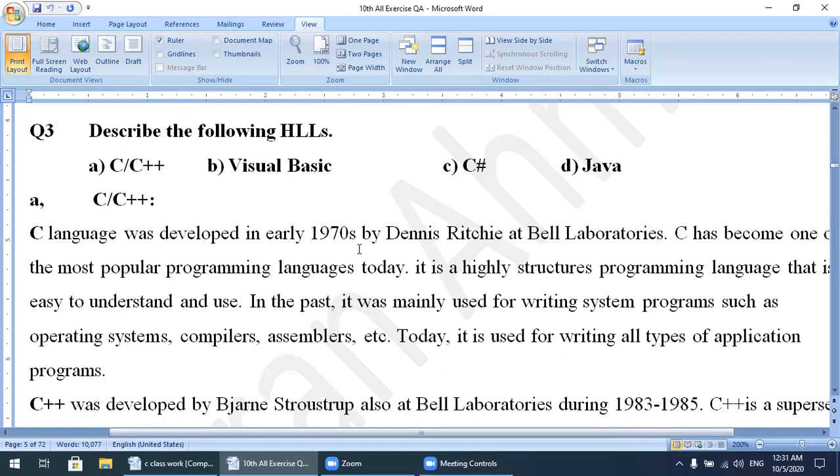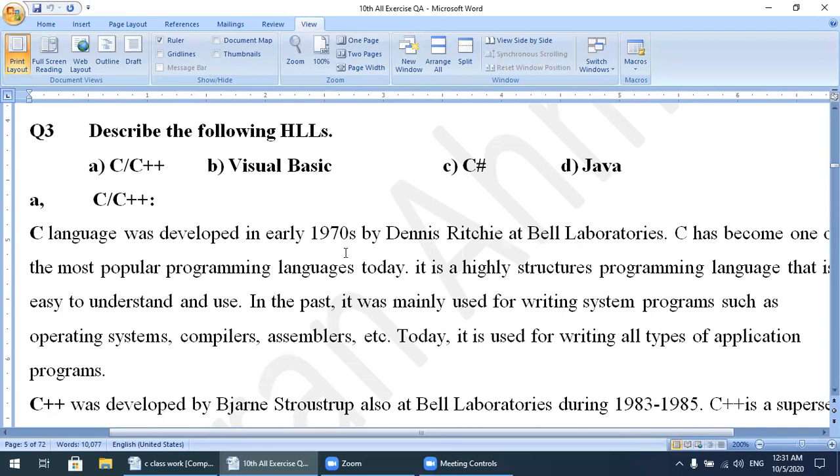What is an assembler? In assembly language, they use the assembler. Today it is used for writing all types of application programs. I told you, not only for system programs, we can also use it for application programs.